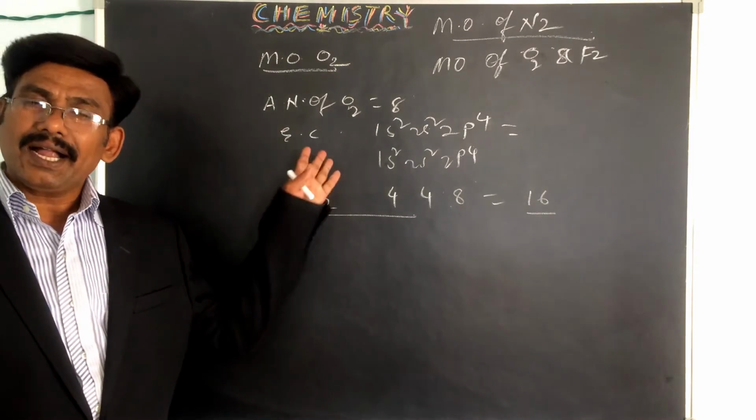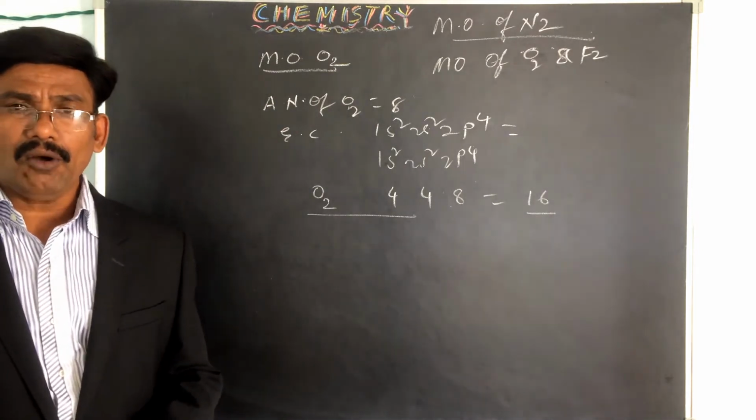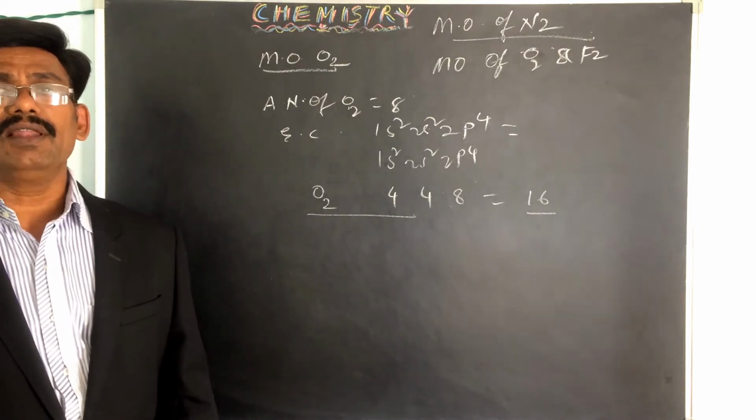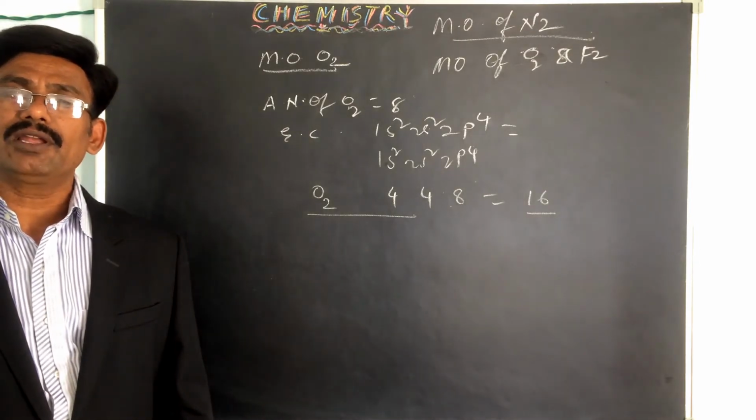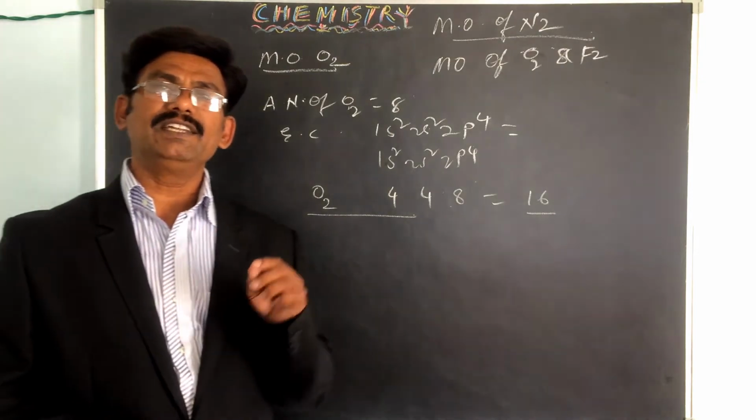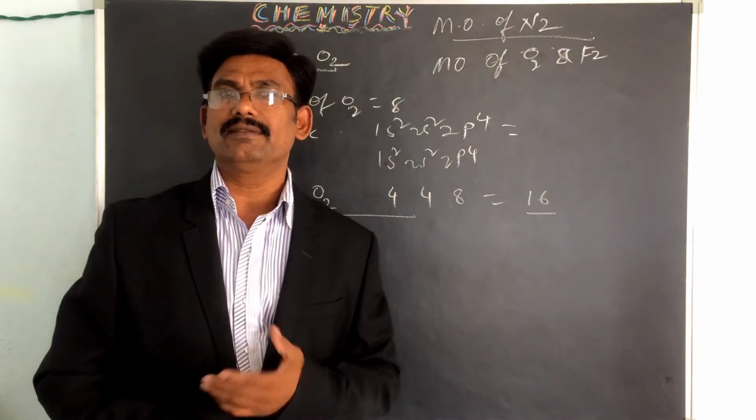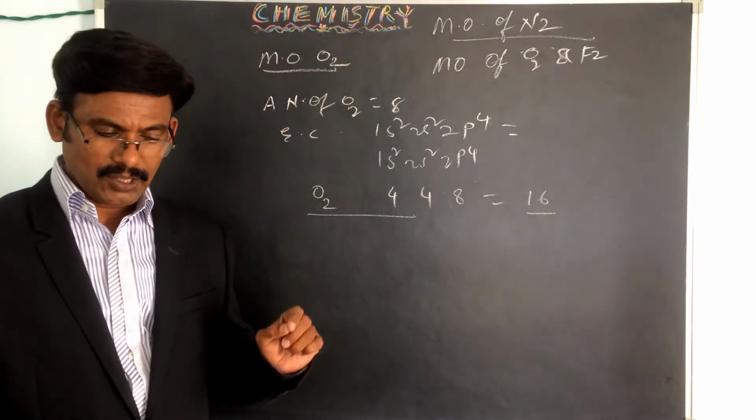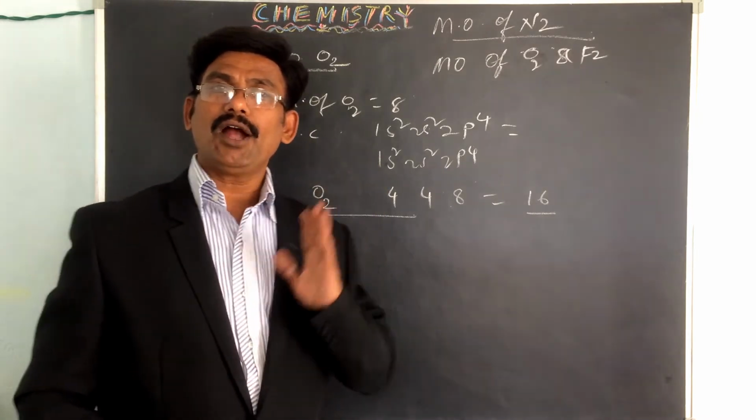So this is about the atomic level. Now, the molecular level, which I already explained, is just a little bit different for nitrogen and oxygen. The energy level is different. So quickly we have to finish that one.